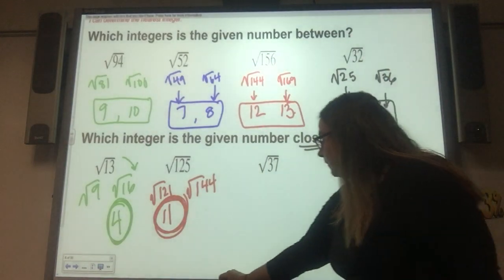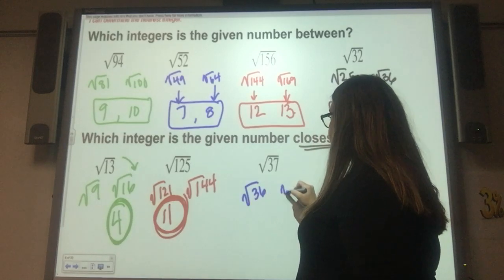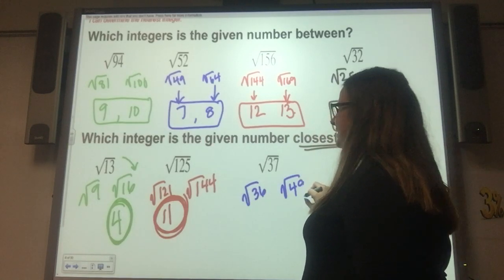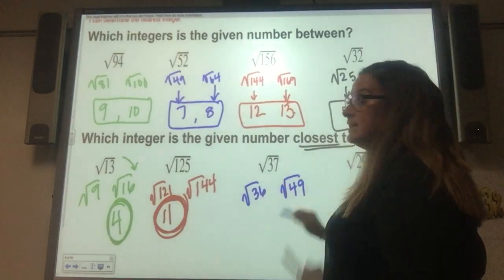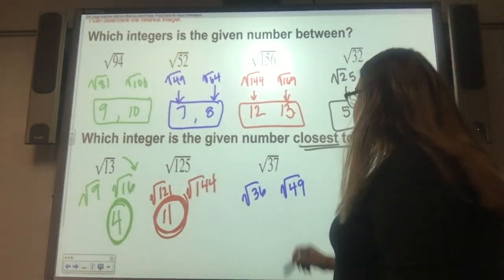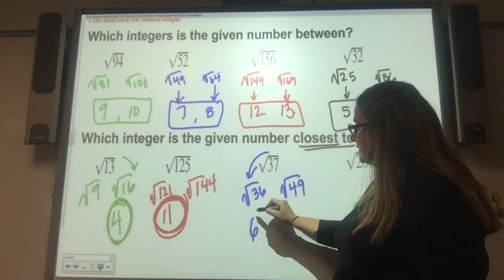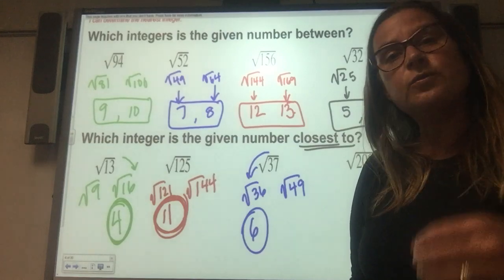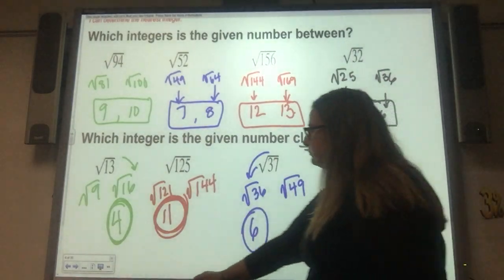Two more. The square root of 37 is between the square root of 36 and the square root of 49. So the square root of 36 is 6. It is closer to 36. Therefore, the integer it's closest to is 6.